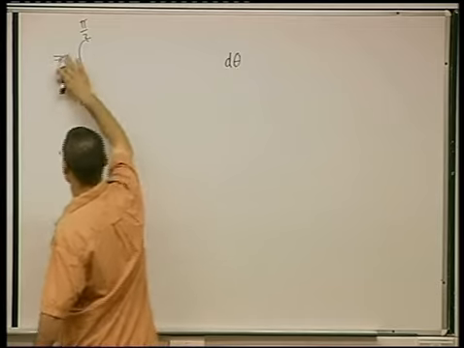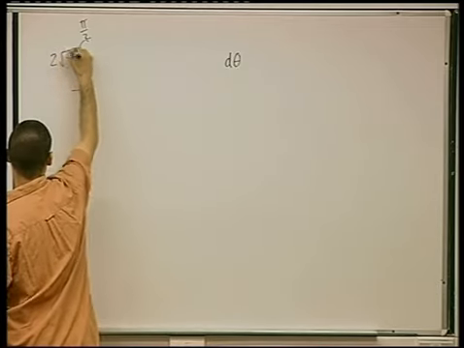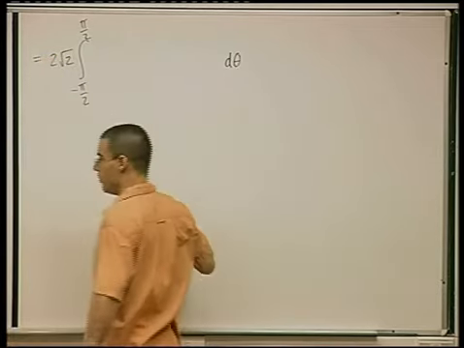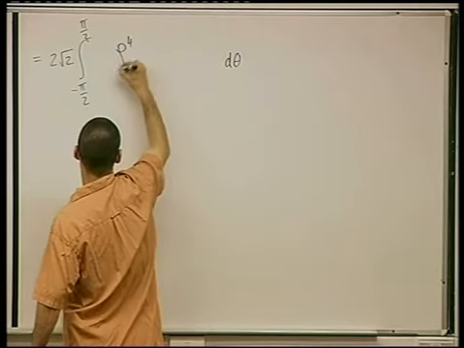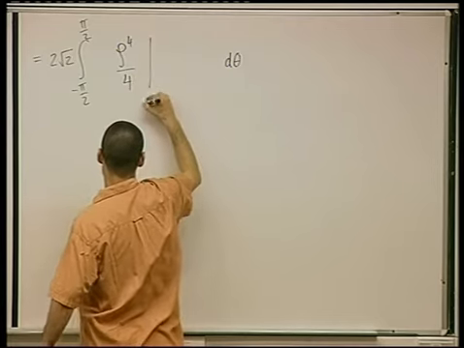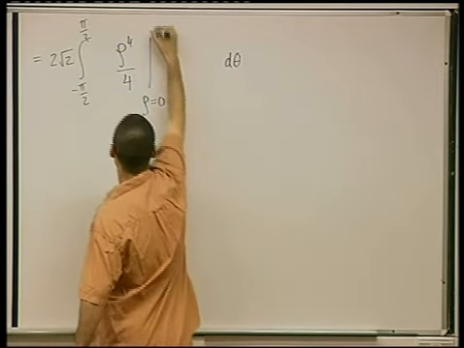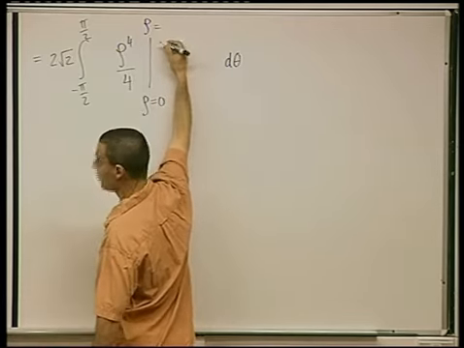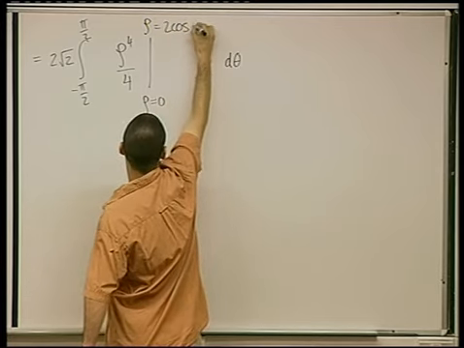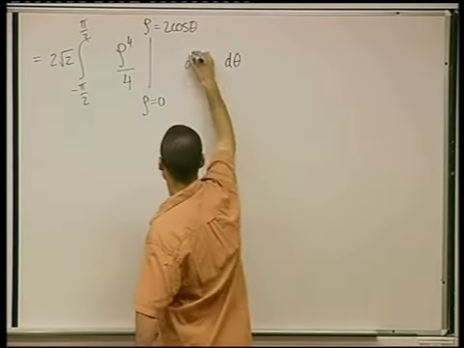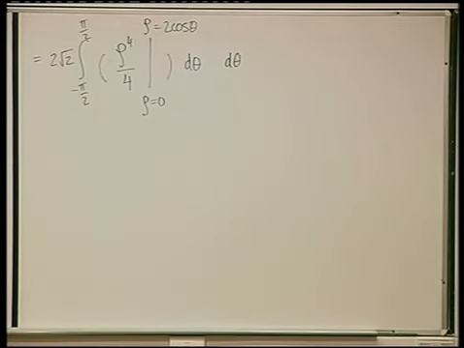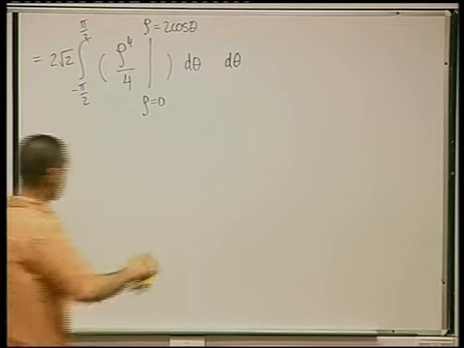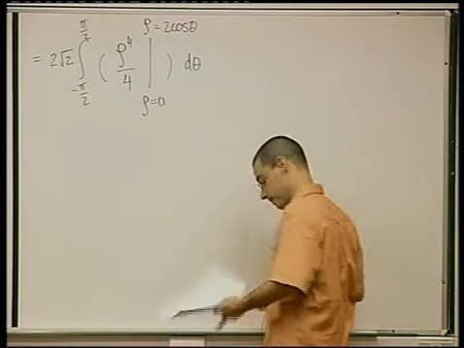And then I have the 2 root 2, the scalar that came out, and then rho to the power 4 divided by 4, evaluated between rho equals 0 and rho equals 2 cosine of theta. Good?